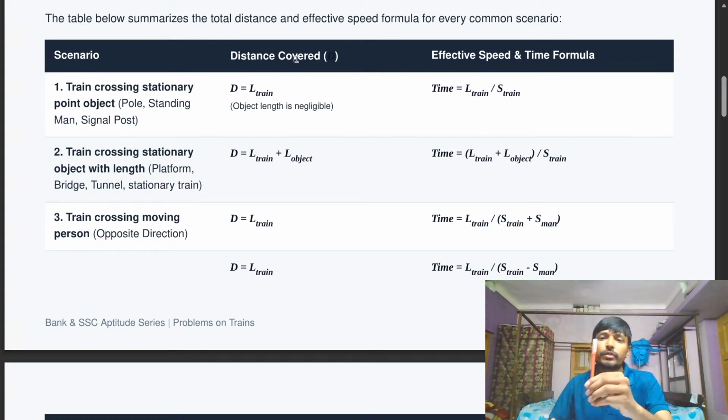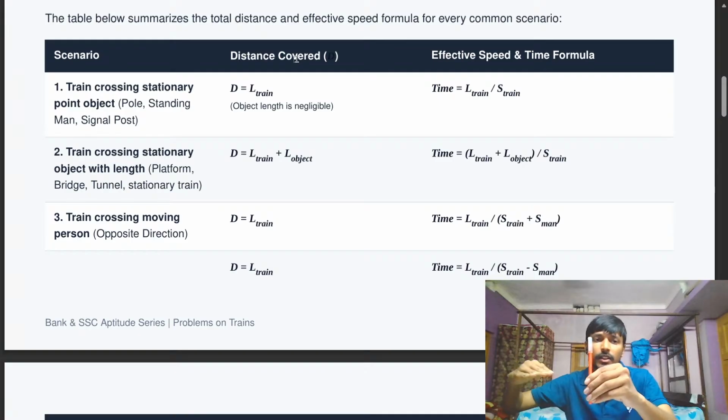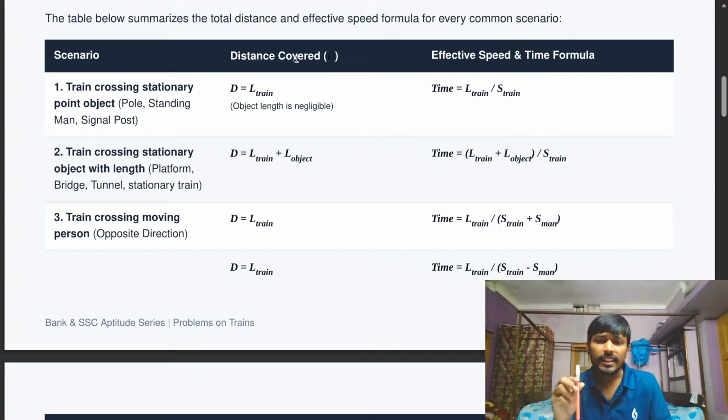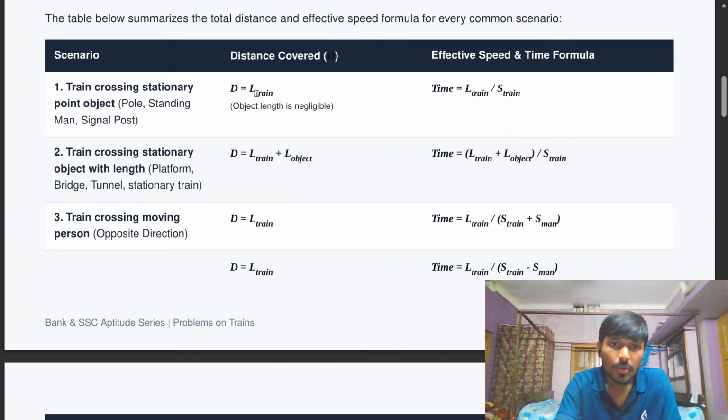So if a train is crossing a stationary point, then D, distance covered, equals the length of the train. So the object length is negligible.